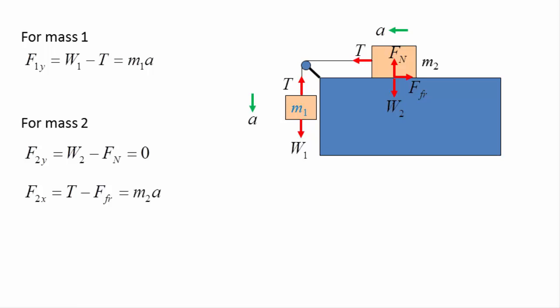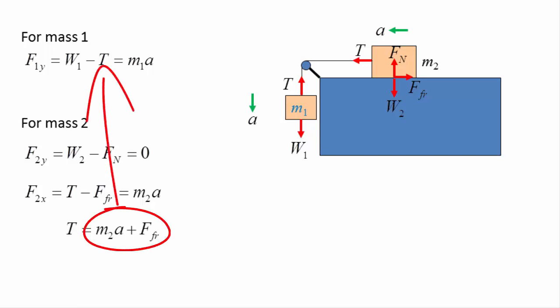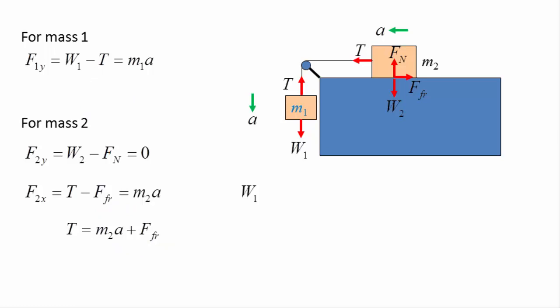Again, we're going to combine the equation for mass 1 in the vertical direction with the equation for mass 2 in the horizontal direction and eliminate the tension from the equations. We can do this by solving for the tension in equation 3 and substituting it back into equation 1. So the equation for mass 1 becomes the weight of mass 1 minus the tension, which is equal to the product of mass 2 with acceleration plus the frictional force, to give us a net force equal to the product of mass 1 and acceleration.